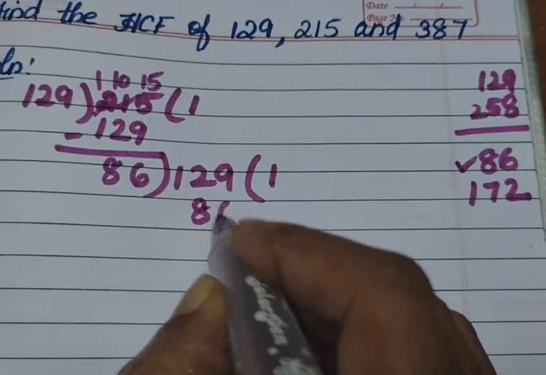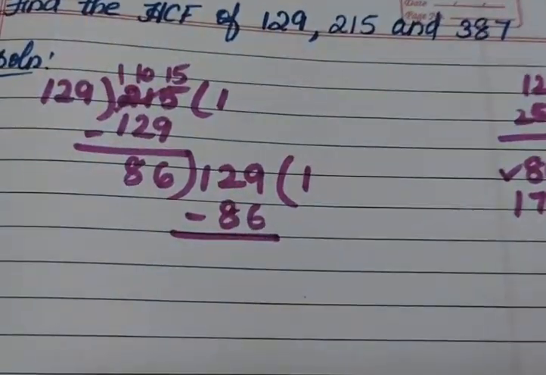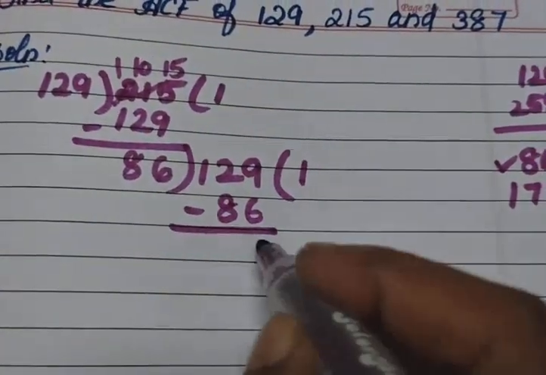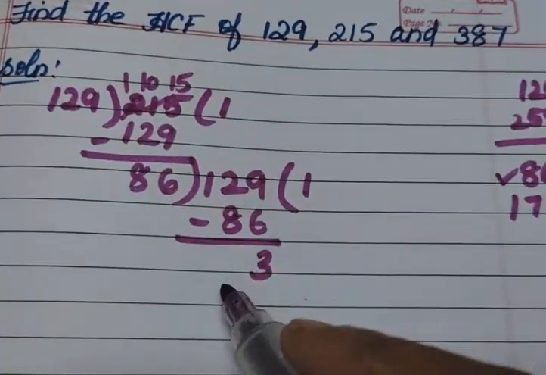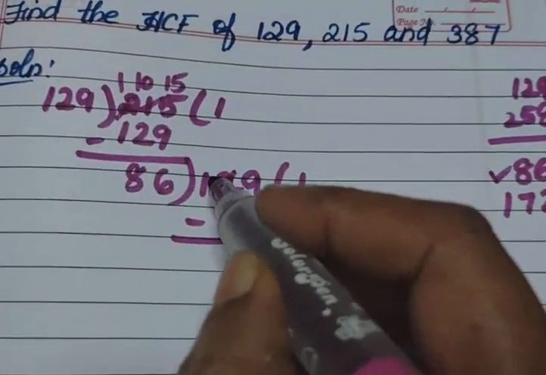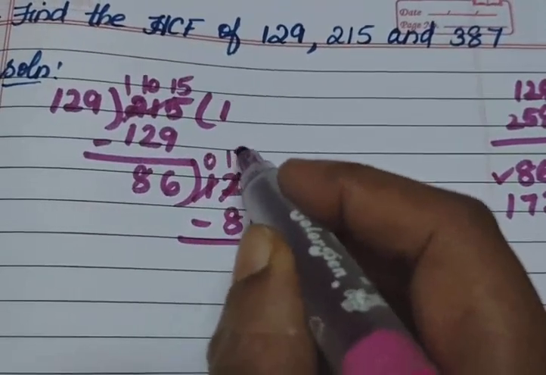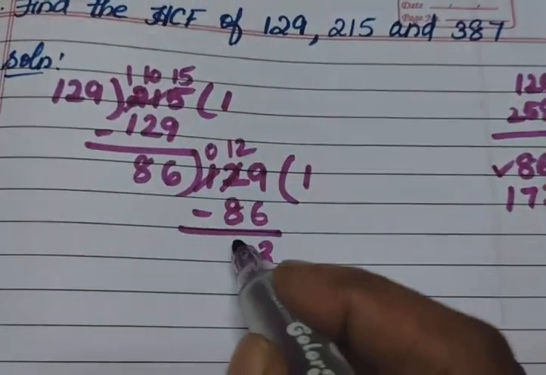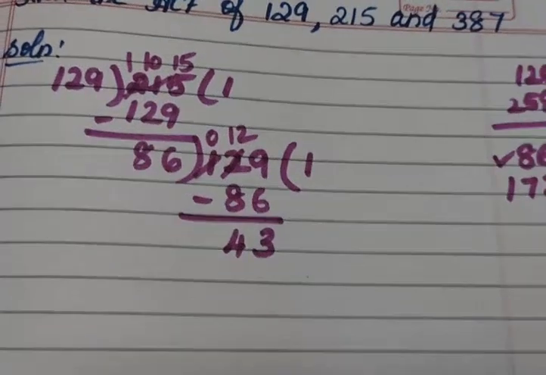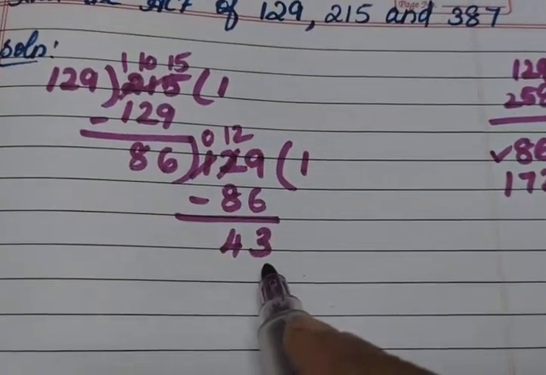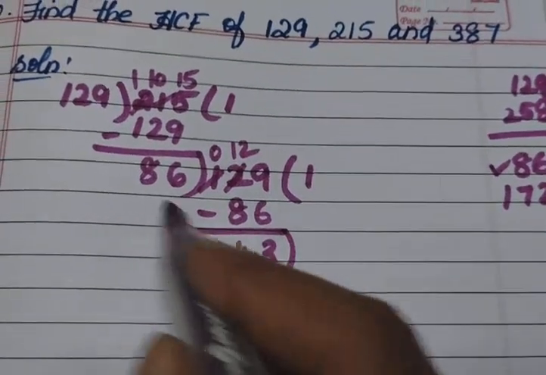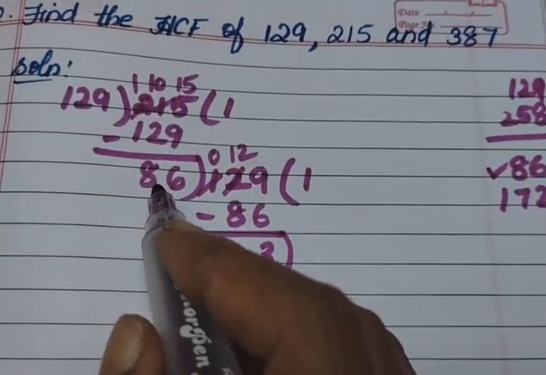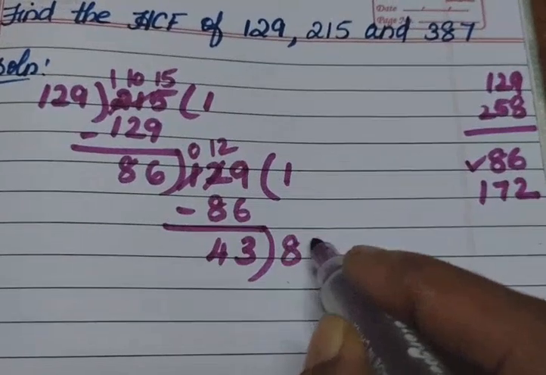So 86. Then subtraction. 9 minus 6, 3, isn't it? 2 minus 8, is it possible to subtract? No. So borrow. Borrow means here 0, here 12, isn't it? 12 minus 8, 4, 43. Now 43 is the remainder, isn't it? This remainder becomes divisor. This second divisor becomes dividend.